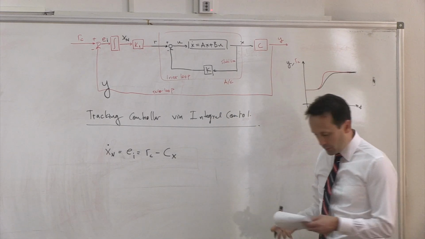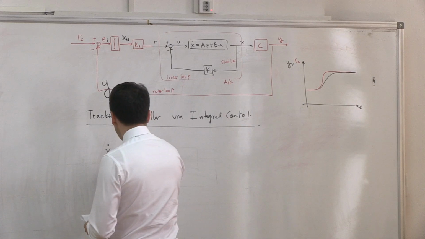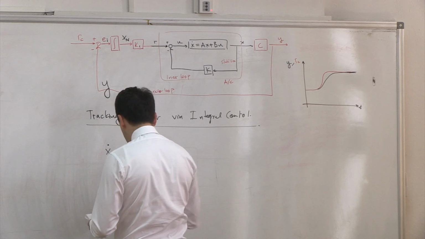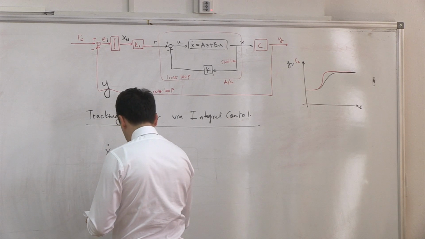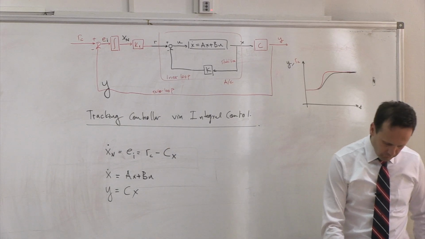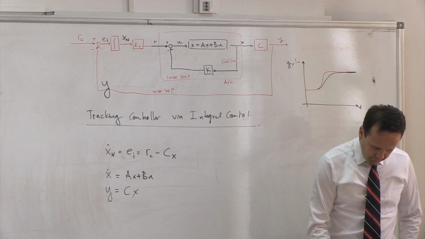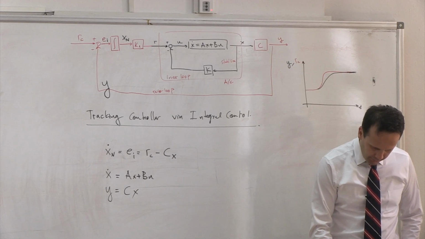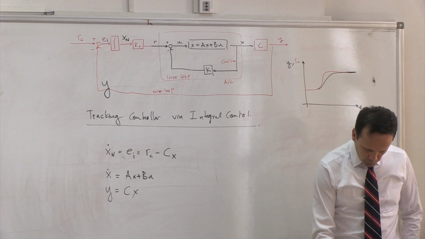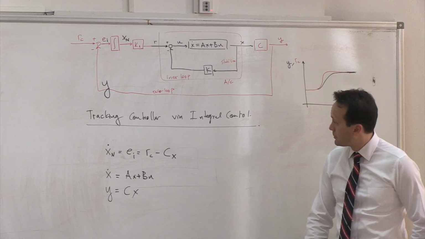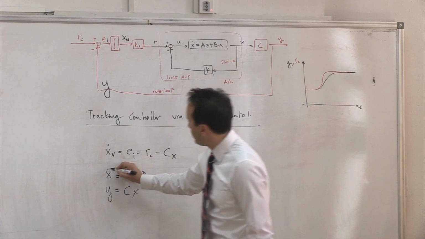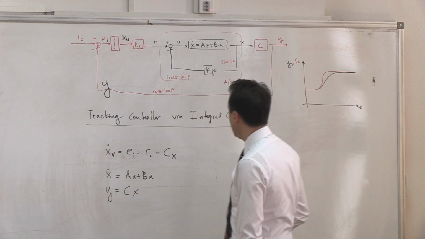Okay? All right, good. And a second one, I have x dot is equal to ax plus bu. That is my linear system. And y is equal to c times x. So now you have an extra state over here.